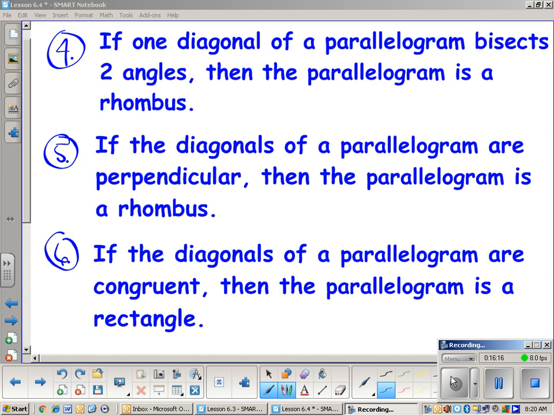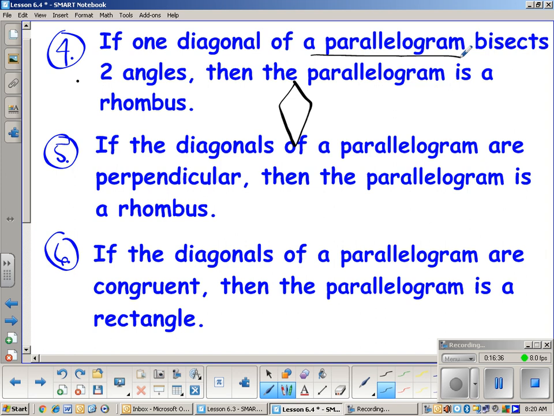Okay? The difference is, in the first one here, it doesn't say we need both diagonals bisecting angles to know it's a rhombus. We only need one. And at first thought, I'm thinking, well, how about a kite? But here's the problem. A kite is not a parallelogram. Opposite sides are not parallel and they're not congruent.